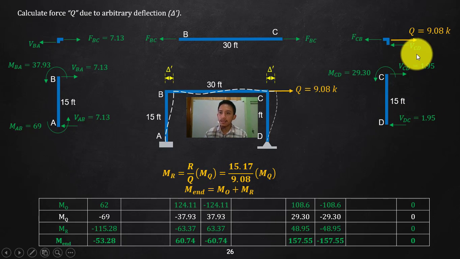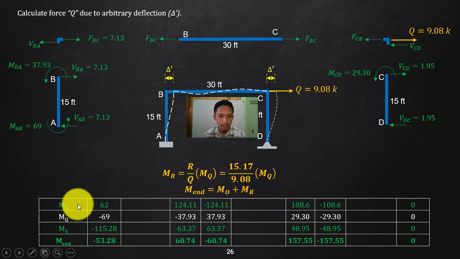So that is 9.08, the summation of your VCB, which is equal to 7.13 plus 1.95, is now 9.08. That is now our Q using our ratio R over Q times whatever the end moments. I just simplified it here.